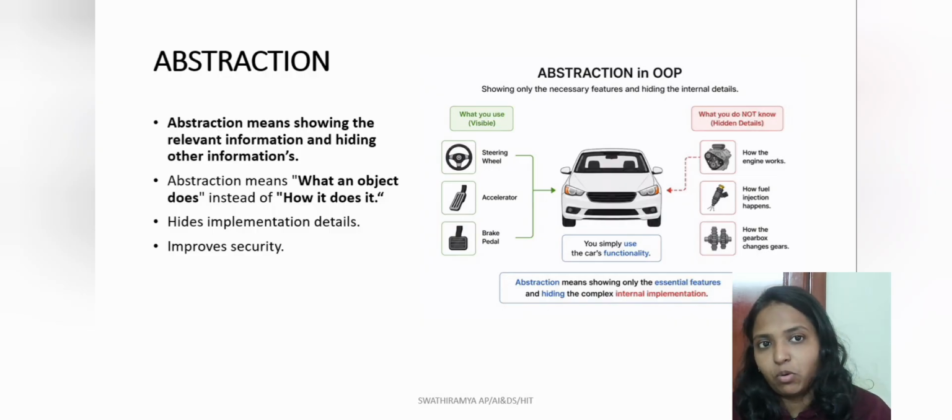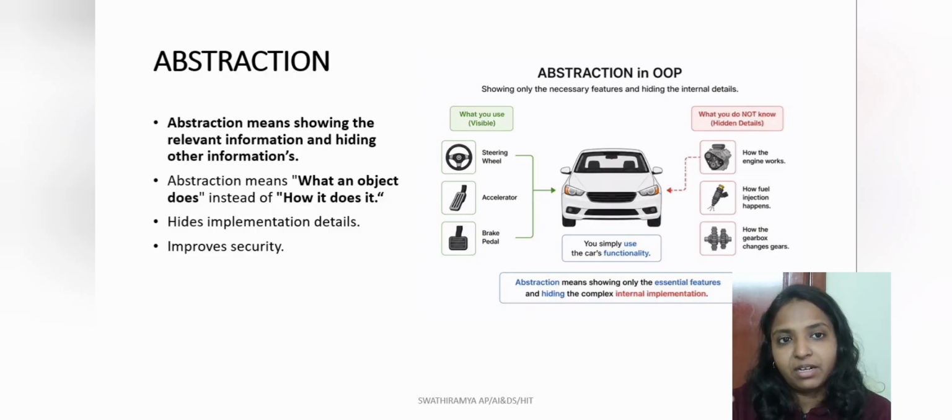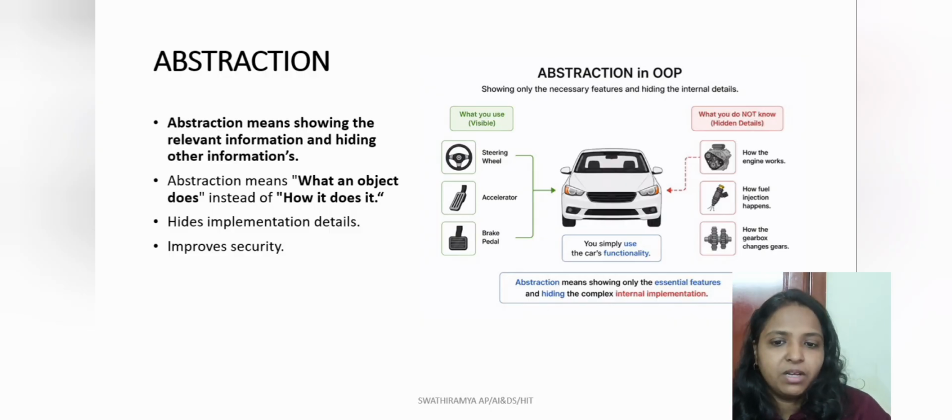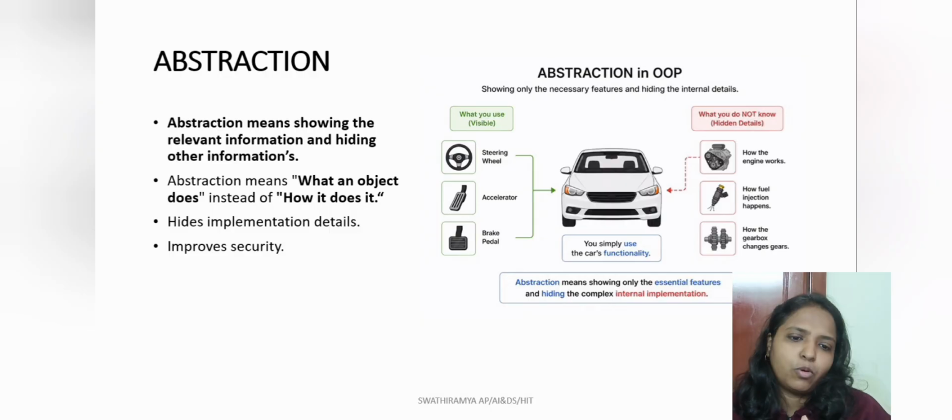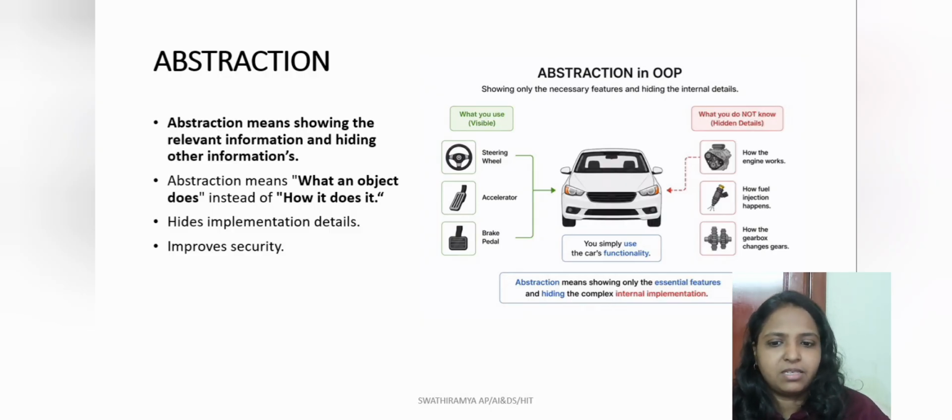We don't know about it. So we know only what it does, not how the operation is done internally. This concept is called abstraction. The complex implementation is hidden from the user. We don't need to know all the internal processing that happens inside the banking system.